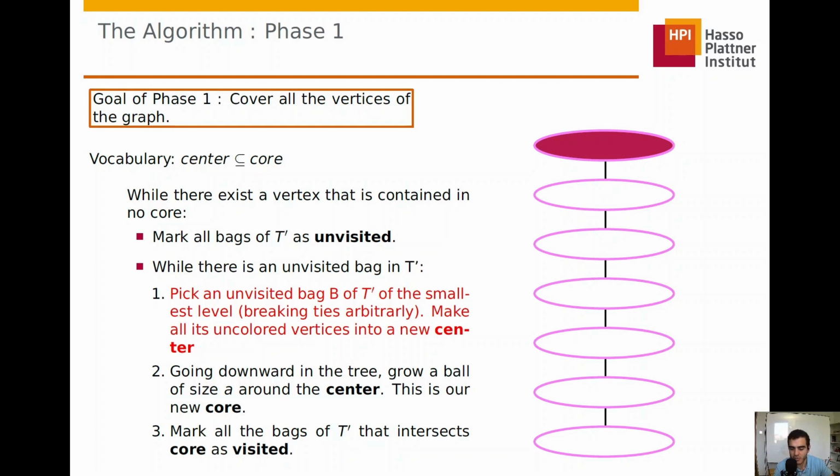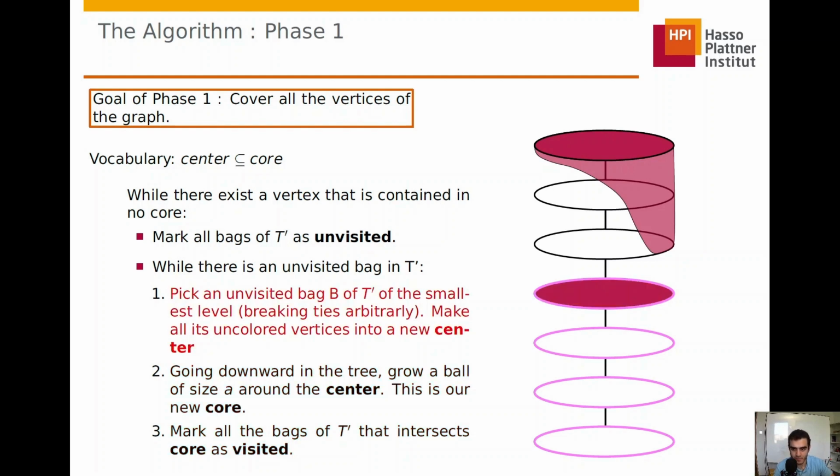Our algorithm in phase 1 goes in at most R iterations for the simple reason that going downward in the tree, we grow a ball of size A, being a real number, around the center. And this is our new core. And we mark all the bags of T prime that intersect the core as visited, meaning that in phase 1, we will have every bag having at least one of its vertices taken away. And since our bags are of size at most R, we have at most R iterations in this phase.